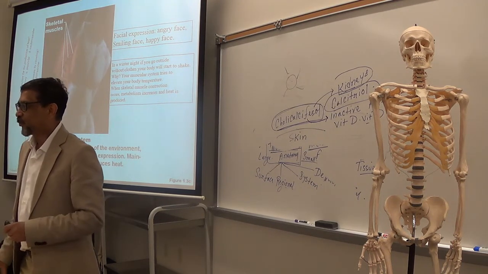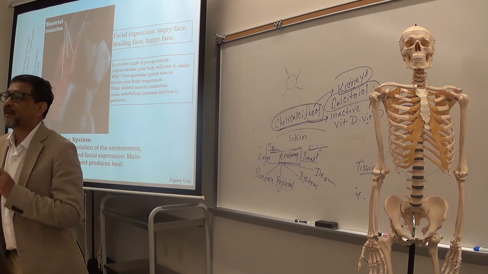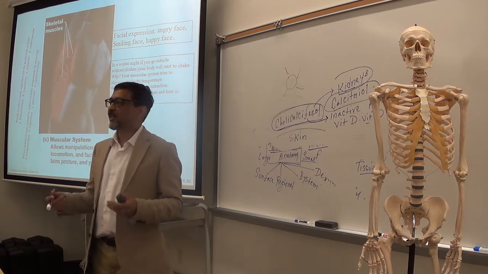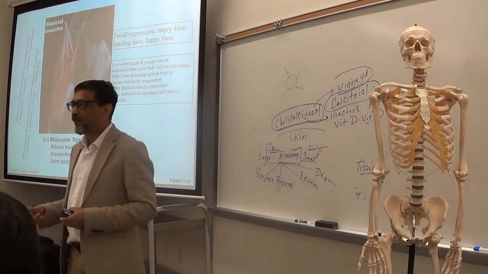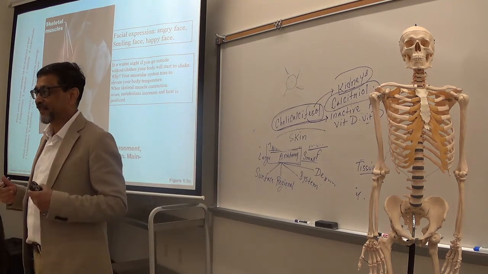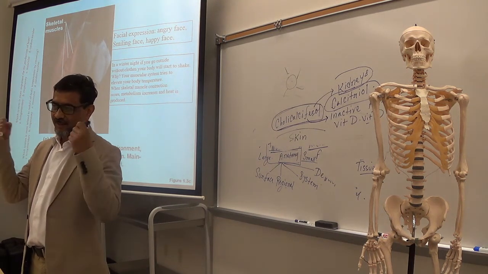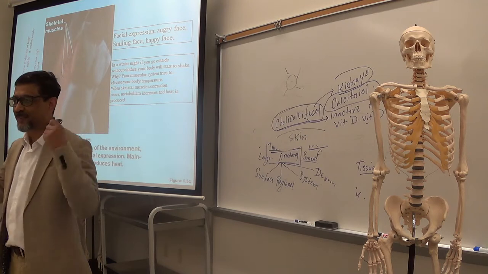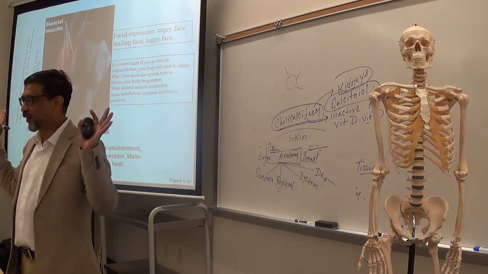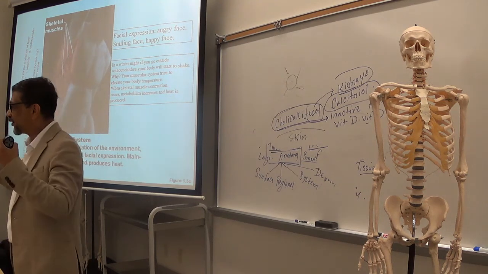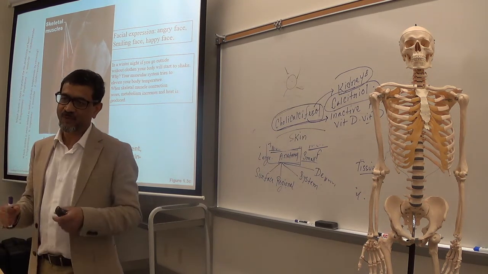Is it clear? So another important function is regulation of body temperature. How? By producing heat. Your muscles produce heat. How do you know? When you use more muscles, more heat is produced, right? So we know that muscles produce heat.